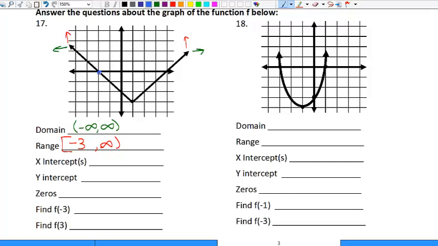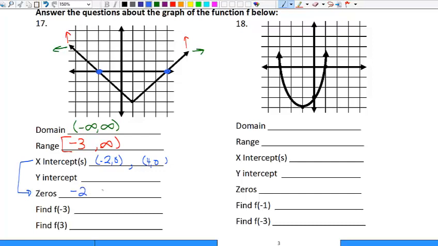The x-intercepts, written as ordered pairs, you're just looking where does the graph hit your x-axis. It looks like it hits the x-axis at negative 2, so we write that negative 2 comma 0, and it also hits at positive 4. Now, if you can get your x-intercepts right, you should be able to get your zeros right, because a zero is just the list of x-coordinates of the x-intercept.